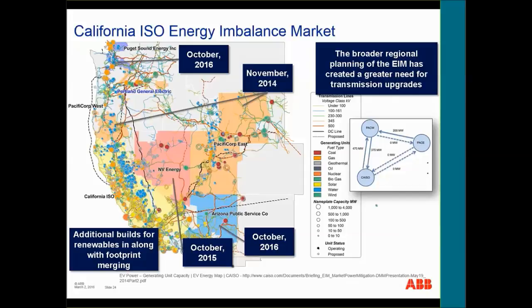CAISO's EIM, or Energy Imbalance Market, is a good example of this. Basically what it does is it allows for increased use of renewables, which are a variable resource, to meet demand when they would otherwise not be used. So it allows resources that would not be used to be used.